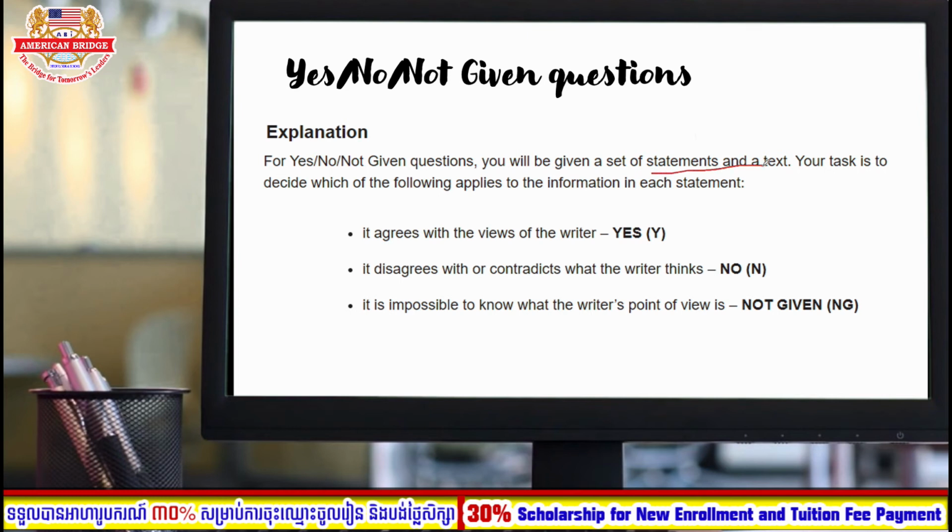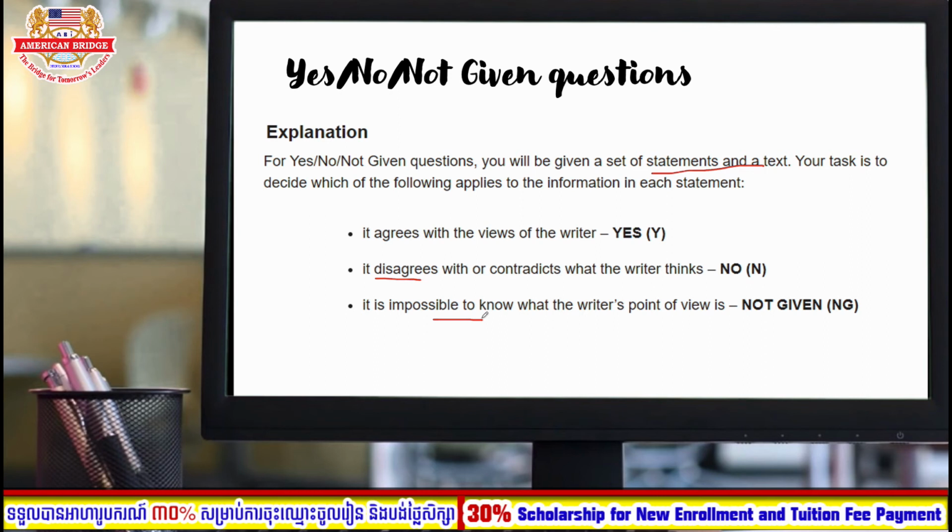And they ask you to decide which of the following statements applies to the information in each statement. For example, we have the word yes, represented by letter Y, which means it agrees with the view of the writer. Or no, which means it disagrees. And it is impossible to know, which is not given. You cannot find this specific information in the reading passage.